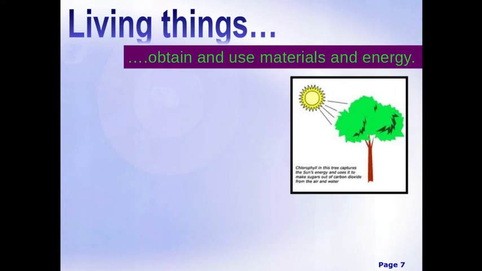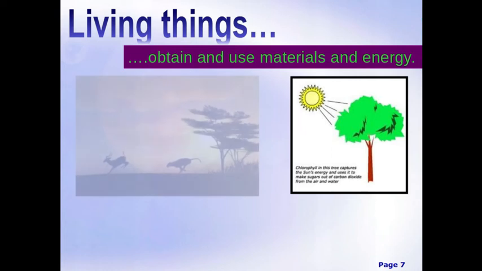So plants are autotrophs, which means they make their own food. And so they take energy from the sun and they convert that into sugar through a process called photosynthesis. And that's how they obtain energy.